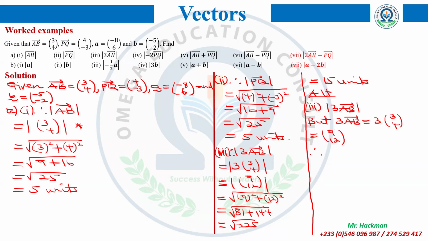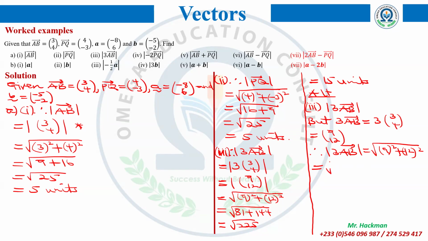So I write my therefore: the magnitude of the vector 3 times the vector AB will be equal to, I know the formula, root of 9 squared plus 12 squared. For the continuation, remember your next equal sign, you write it close to the margin, so the continuation goes from here the same.